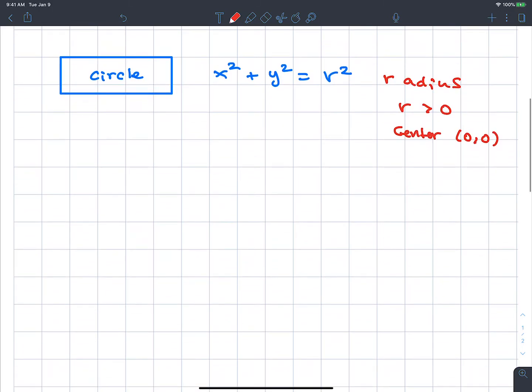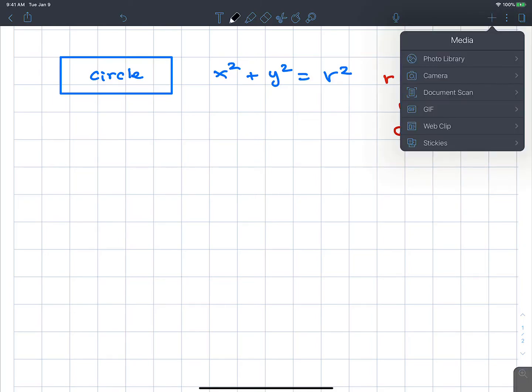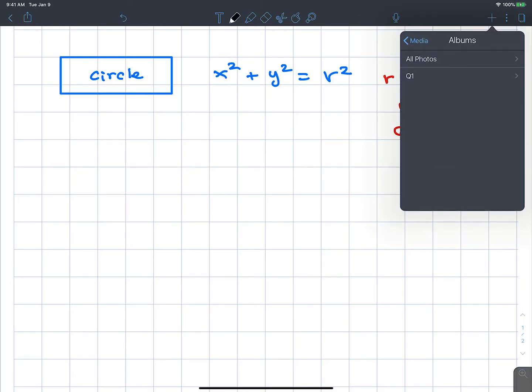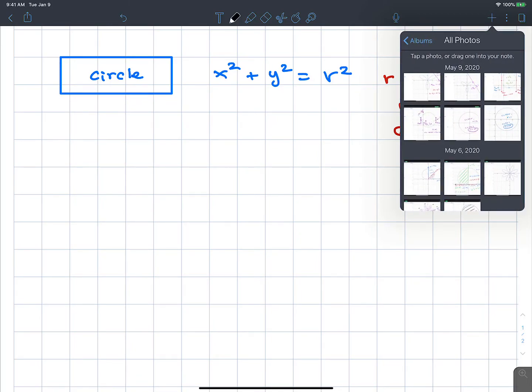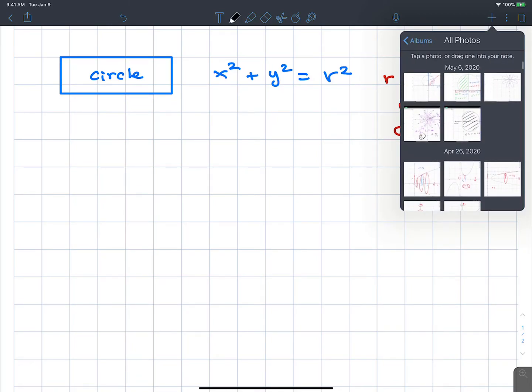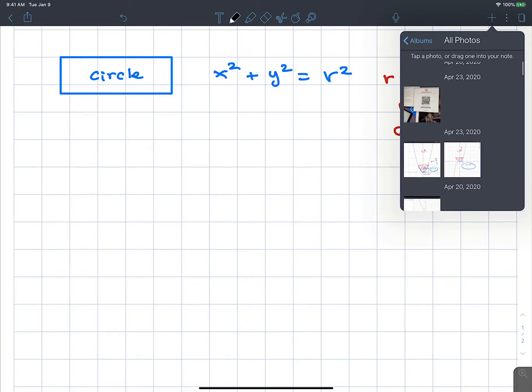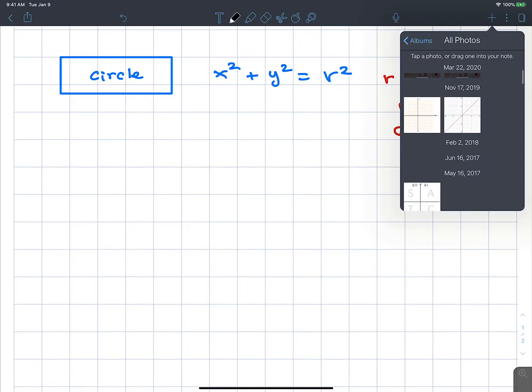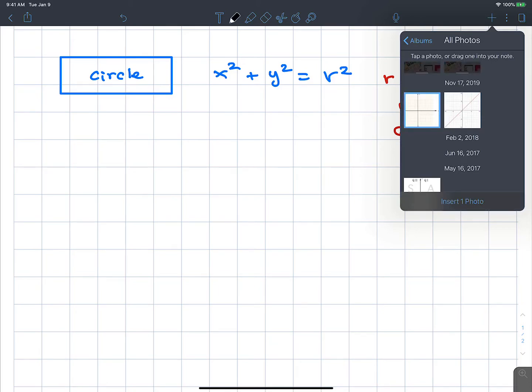And so where this actually comes from, in case you didn't know, let's see if I can find my graphing picture here. Photo library. Let's find it, there we go. I think we can find this, I hope. This one is okay.